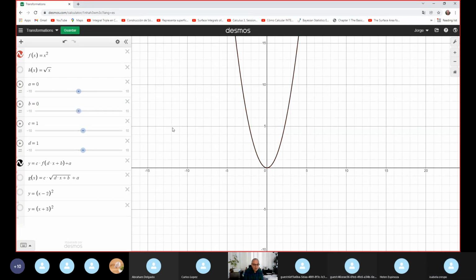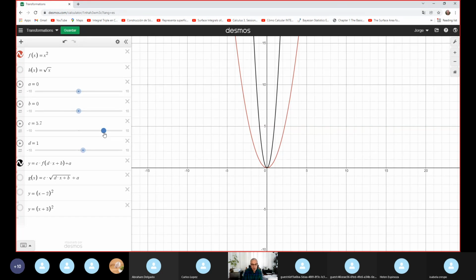Okay, now let's see the stretch and compression. The stretch and compression is different because the action is deformation or reflecting the curve. So for example, suppose I change C to positive value. Look, do you see how the parabola is now a little bit narrow because the y is increasing and the x stays the same.